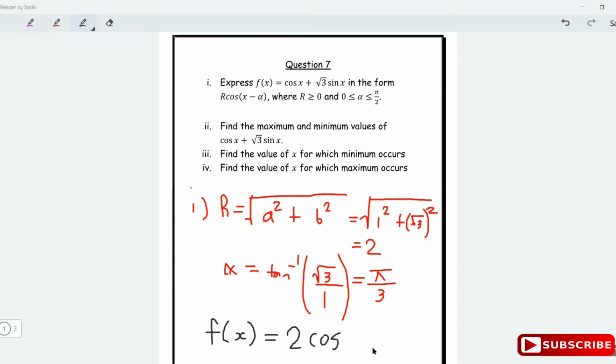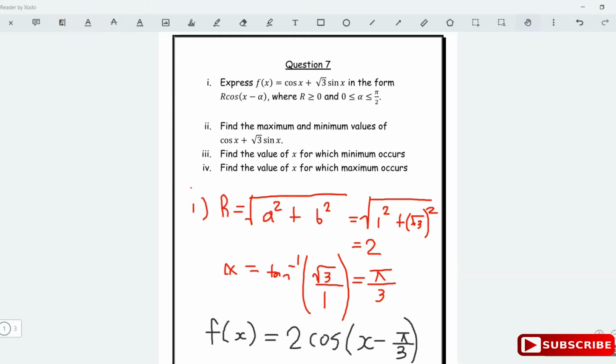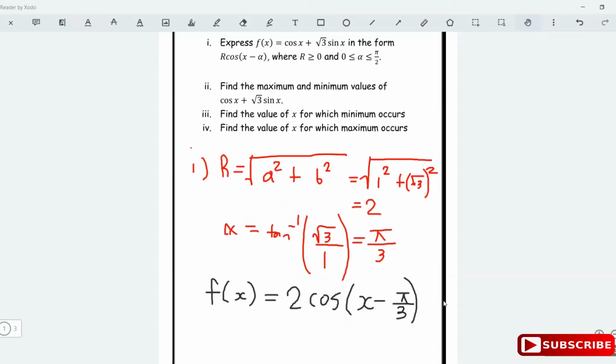So f of x can also be written as 2 cos of x minus alpha, where alpha is pi by 3. That's part 1, done and dusted.